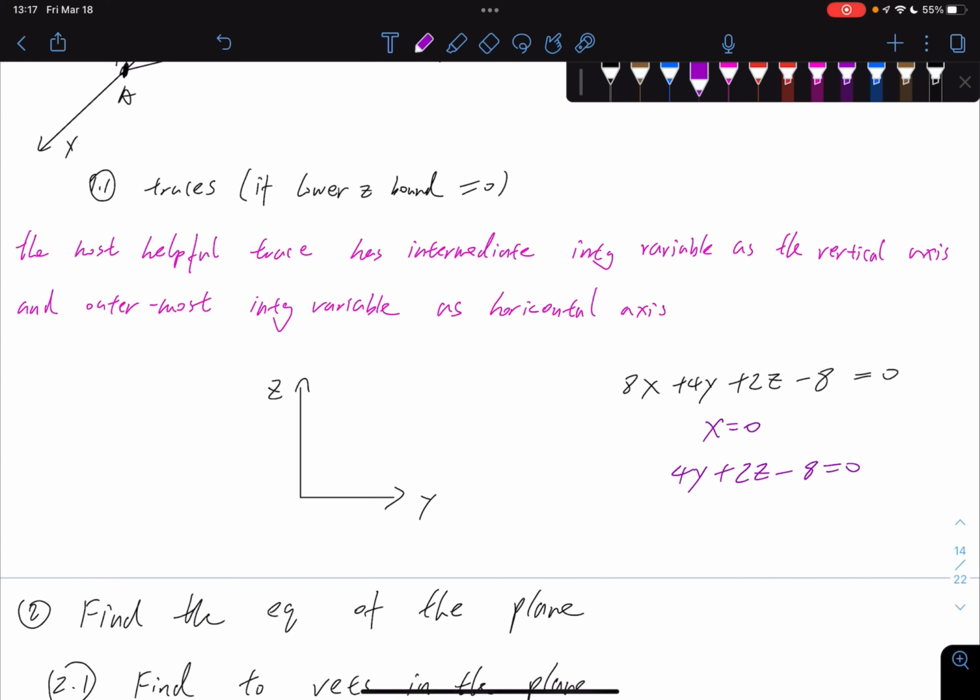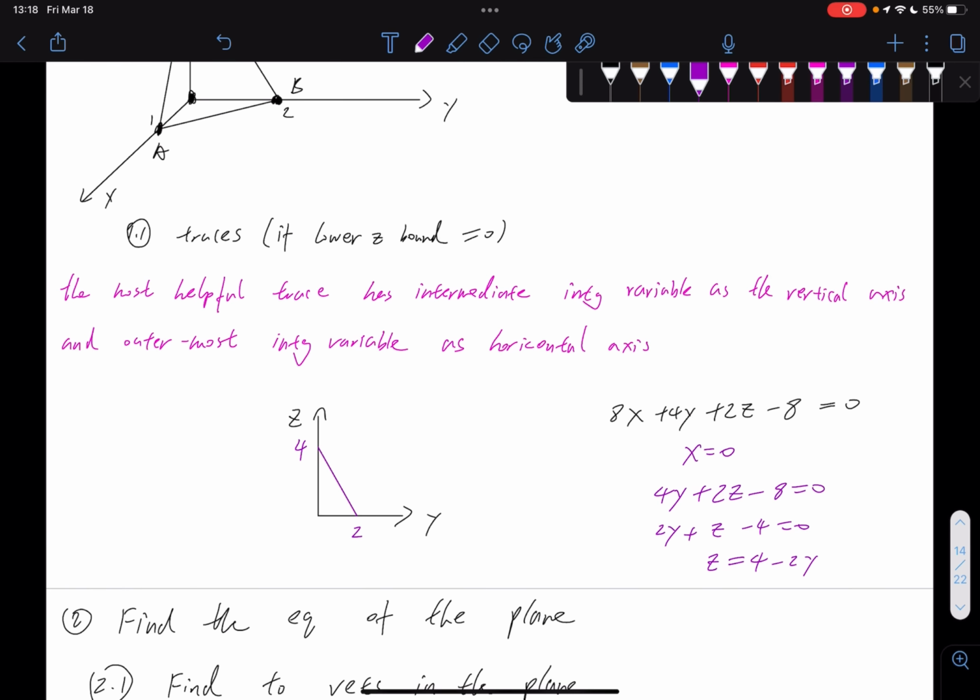Simplify that, we get 2y plus z minus 4 equals 0, so z equals 4 minus 2y. That is our equation of the line.